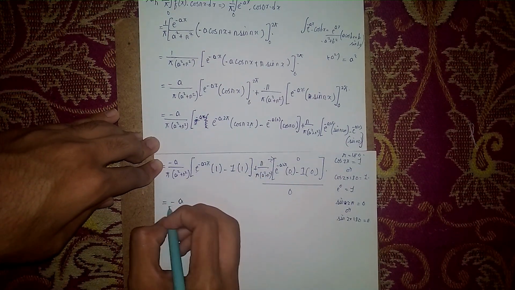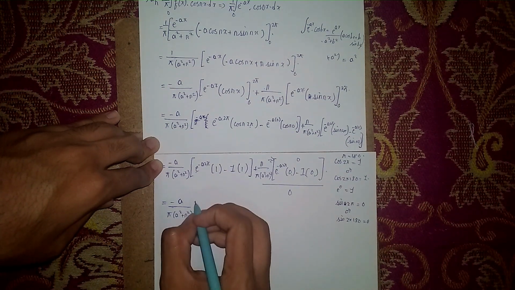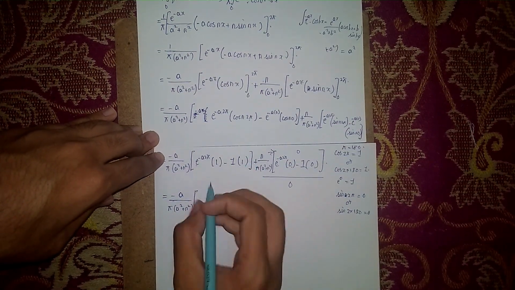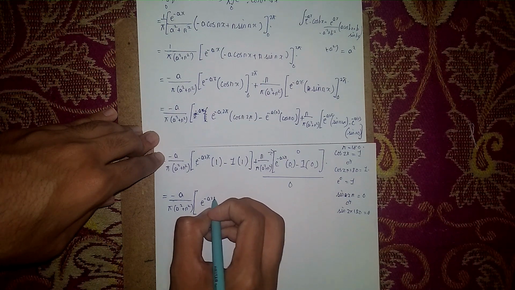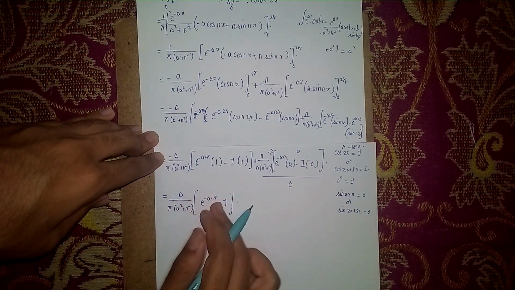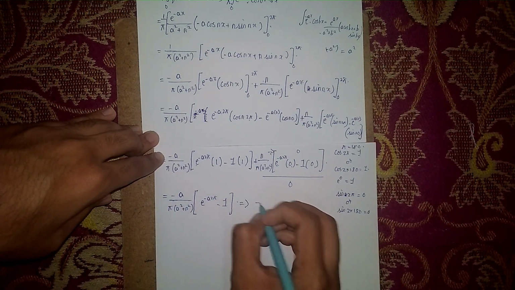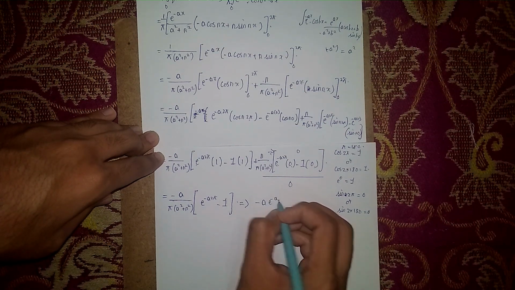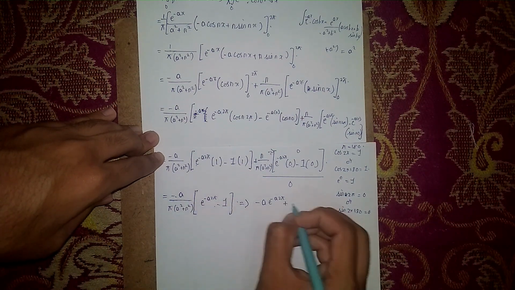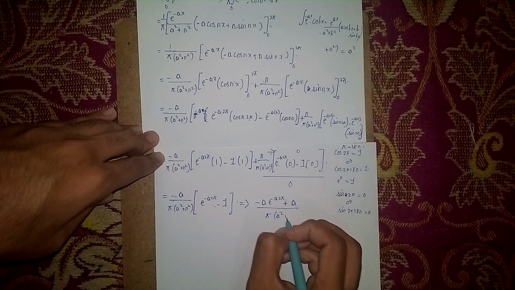Minus a by pi a square plus n square, then open the square bracket, then you multiply e power minus a 2 pi, then minus 1 to become 1. Now multiply a in this, so it becomes minus a into e power minus a 2 pi, then minus into minus will become plus a by pi into a square plus n square.